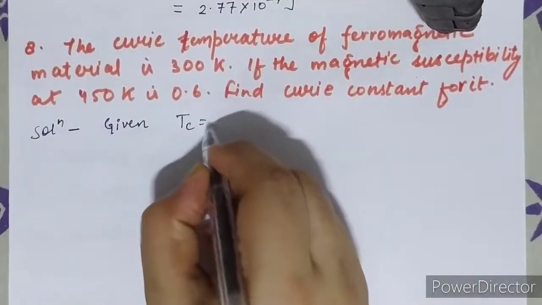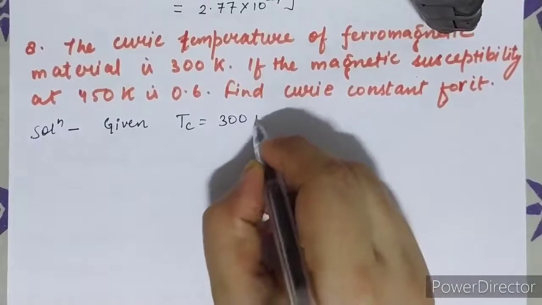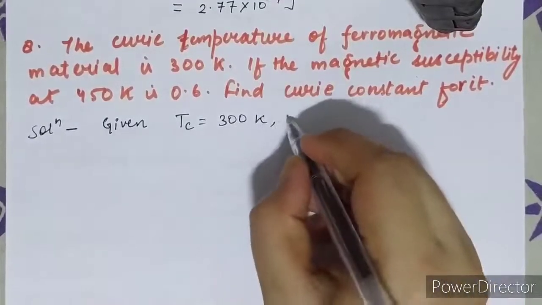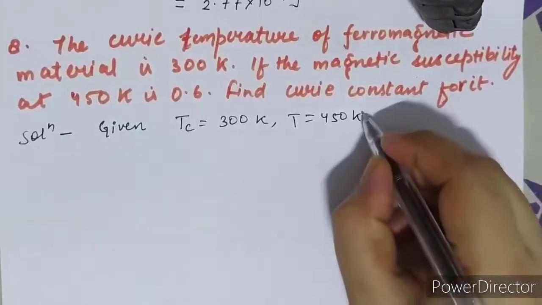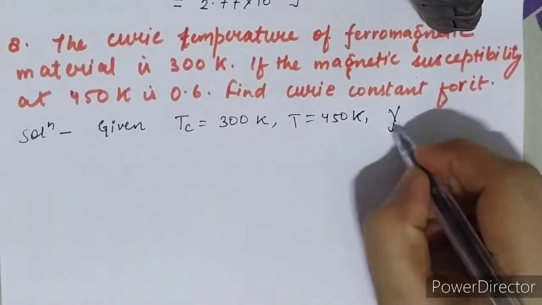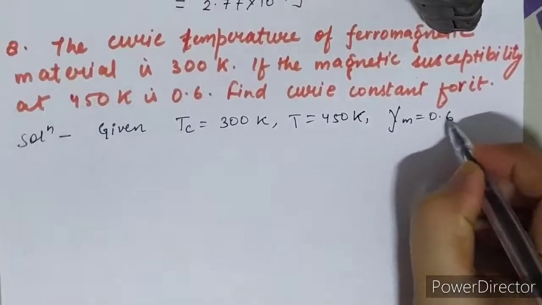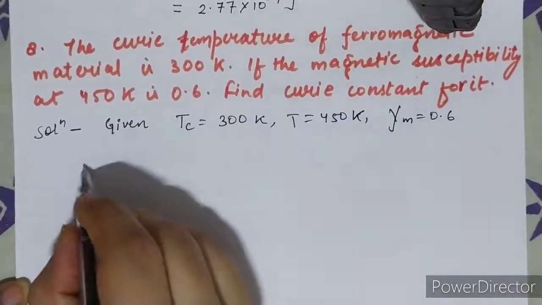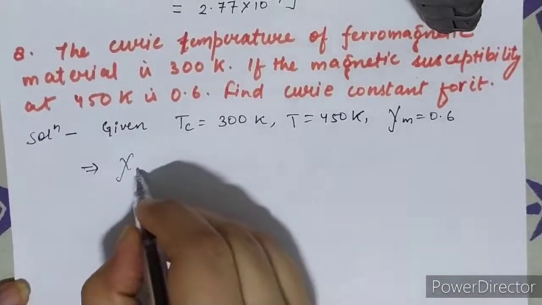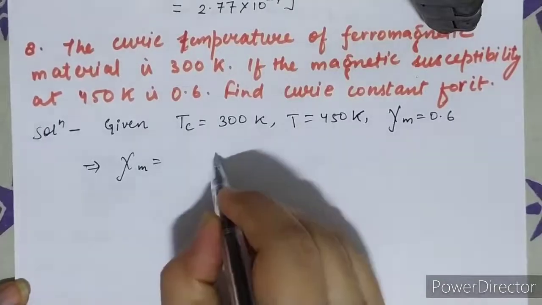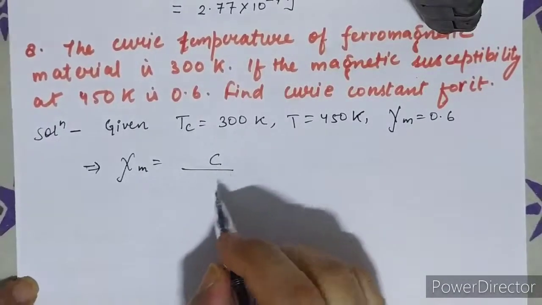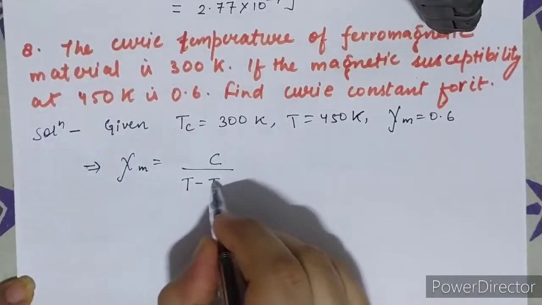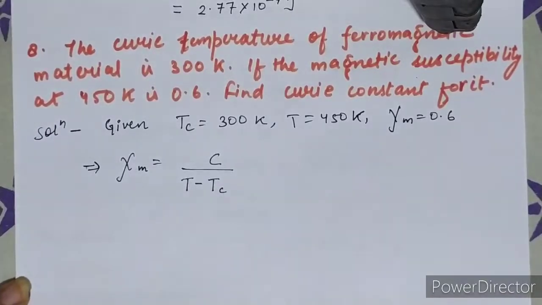Curie temperature is 300 Kelvin. The absolute temperature is 450 Kelvin. And the magnetic susceptibility is 0.6. Now the formula which we have used here: the magnetic susceptibility is Curie constant upon absolute temperature minus the Curie temperature.